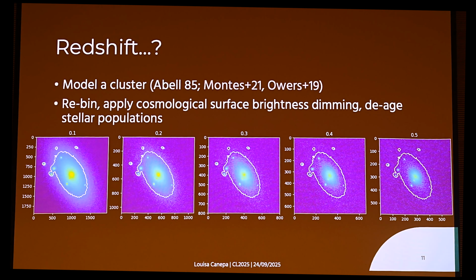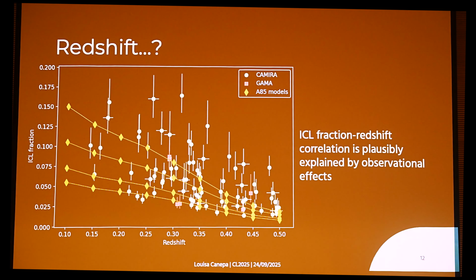The ICL and the galaxies are of course dimming by the same factor, but the problem is that because the ICL is so diffuse and faint in this image, that as we go up and up in redshift, we're actually losing more and more ICL below the surface brightness limits of the image, even in an image as deep as we get with HSC. And so if we do this and we measure the resulting ICL fraction, what we find with different starting ICL fractions on those yellow points there is that the trend we find actually kind of matches what we are observing in our real data, which is underneath.